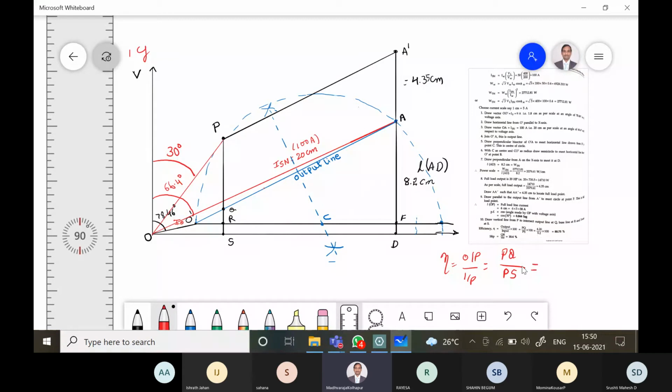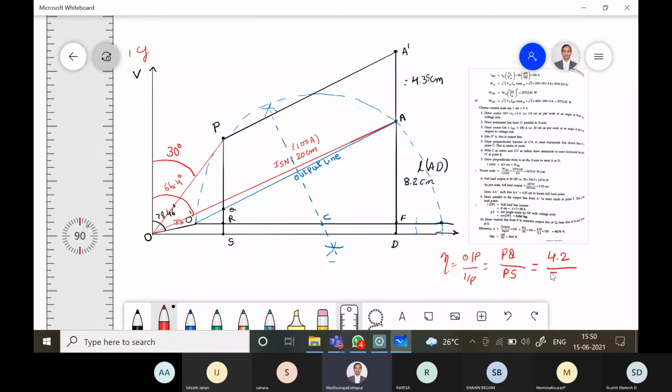How much did you get? Length of PQ is 4.5. I got 4.2 centimeter, and length of PS is 5.6.